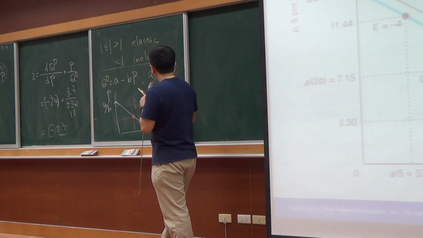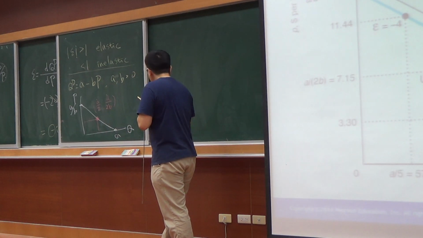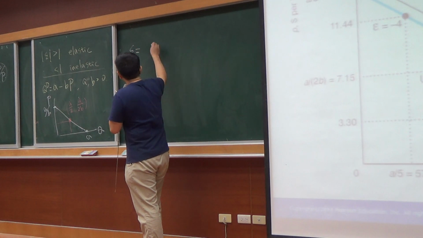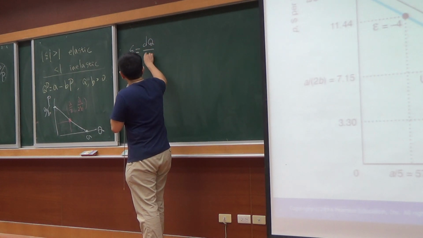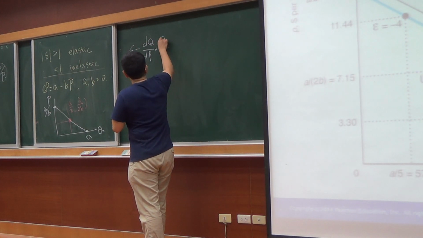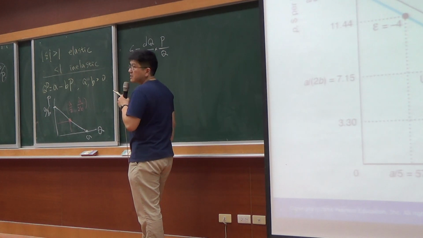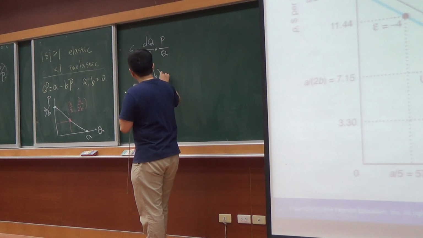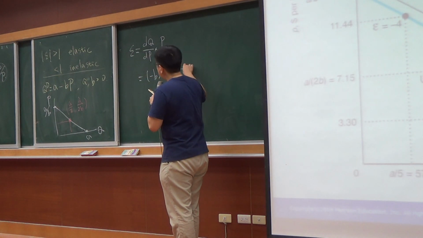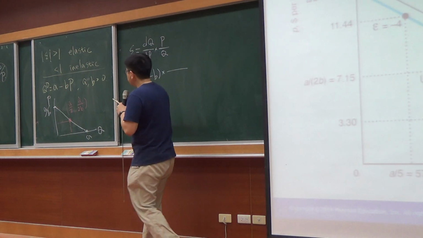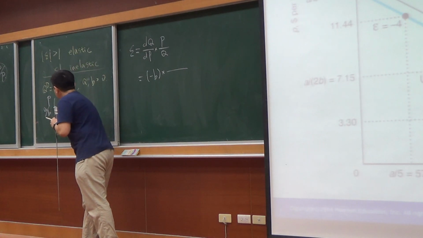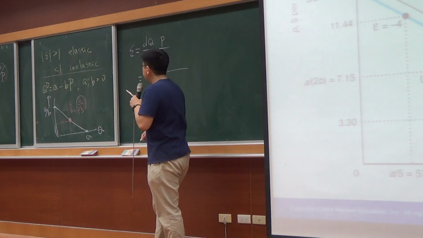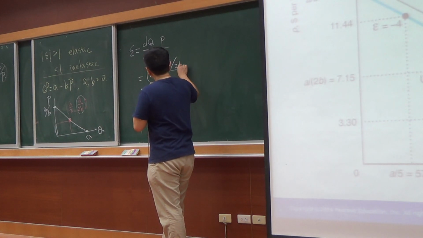And what about the elasticity? The elasticity would be dQ over dP, times P over Q. So this term would be negative B multiplied by the equilibrium price, which would be A over 2B.